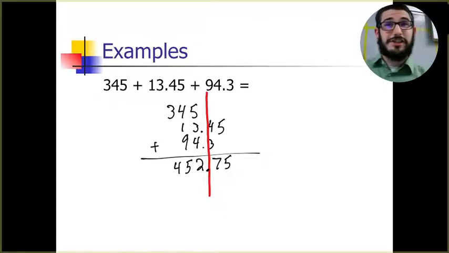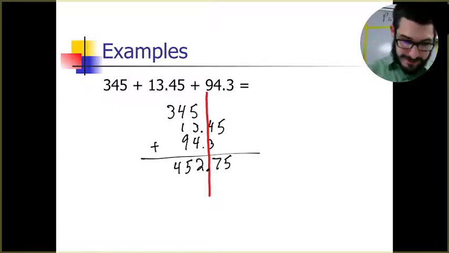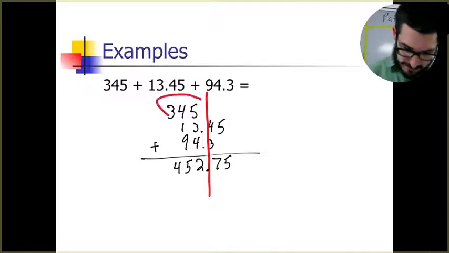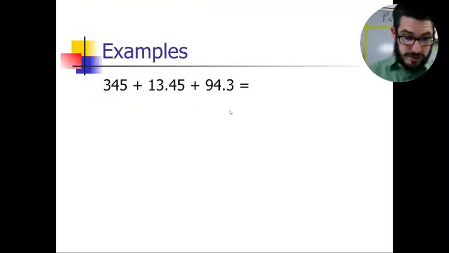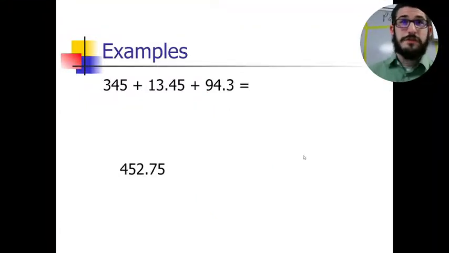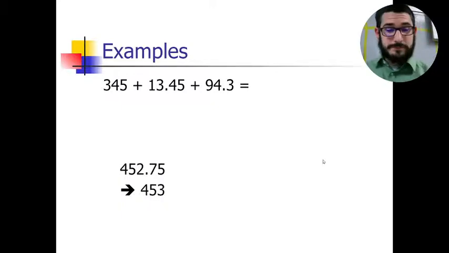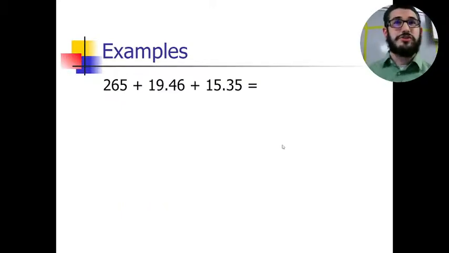Because I had to cut it off, my ones place is the last place that I can keep a significant digit in. Because of this number up here, my ones place is the last thing. So I need to round to my ones place, which is going to be 453. So 453 would be that final answer. All right, you guys go ahead and try this one. Pause the video, see what you get when you calculate this one.